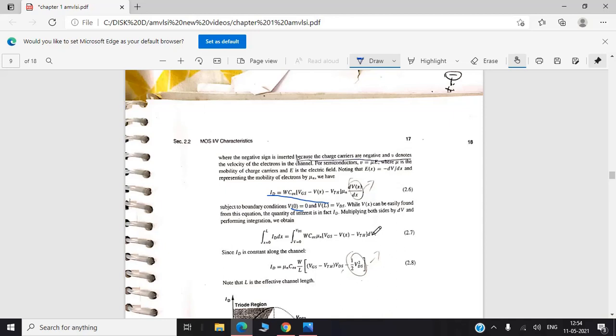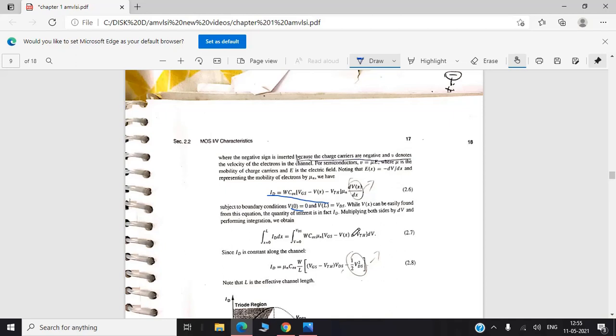This dV is multiplied for each term, and COX will be taken outside. So L will be brought to this side, only ID will be kept here, and dx with limits from X equal to 0 to L will be brought to this side.